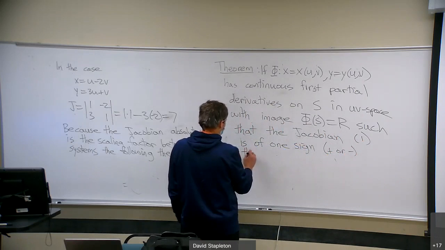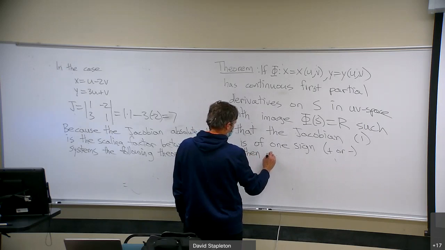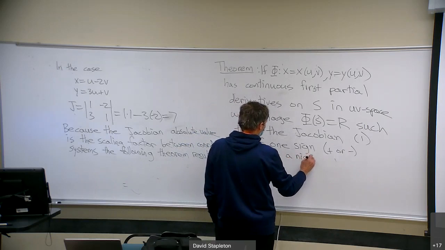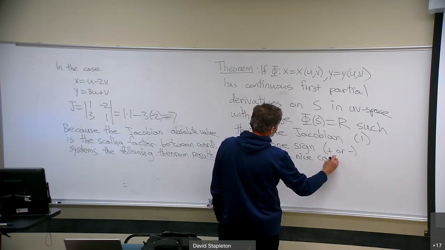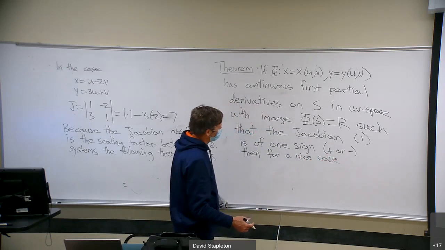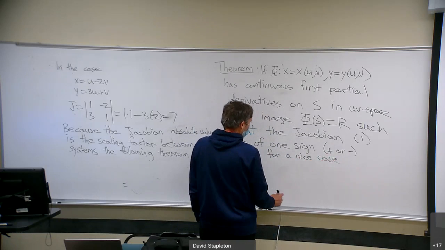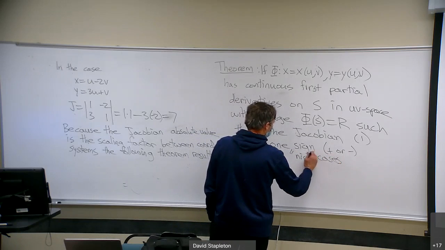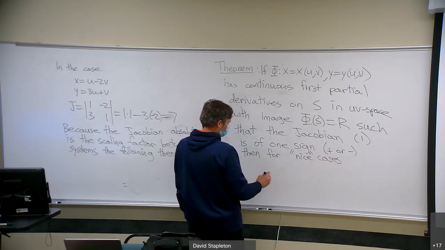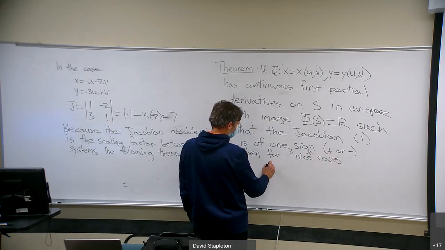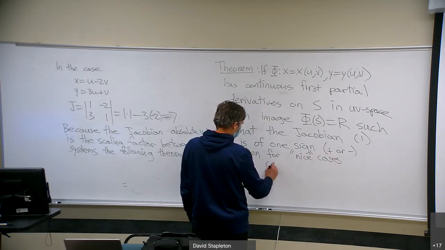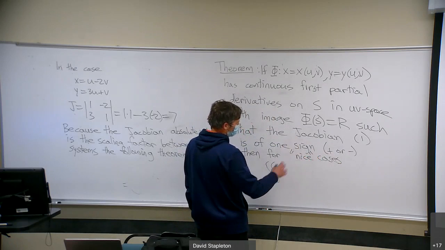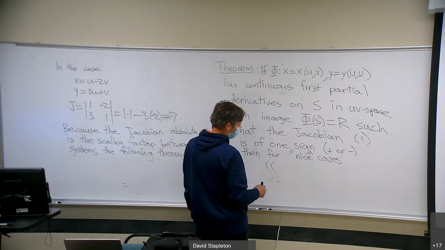Then, this is where it gets imprecise, for a nice case. They don't want to say precisely what that is. For nice cases, the double integral, anything we're going to run into in this course will apply to it. You just want to avoid things like fractals and these pathological cases.